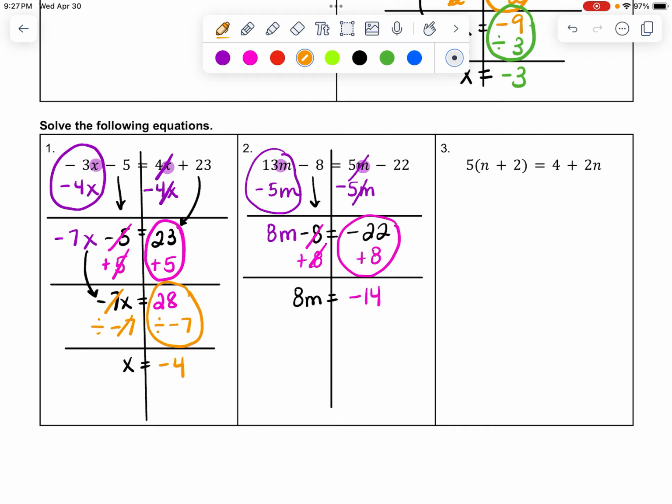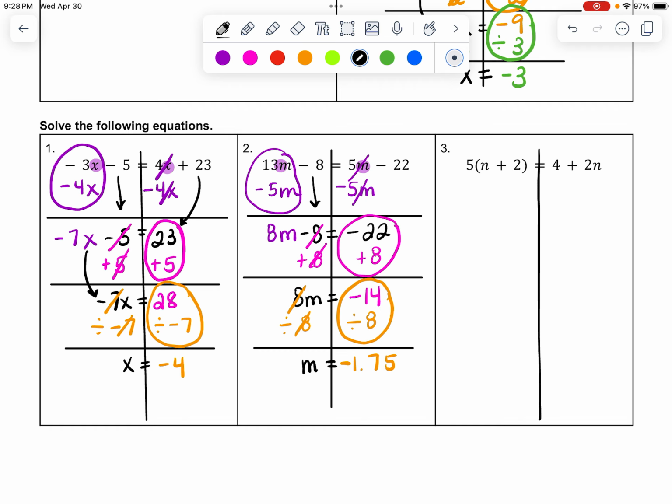Then I'm going to divide by 8, and I get m equals, and negative 14 divided by 8 is negative 1.75. Oh, negative. Sorry. All right, one last example.